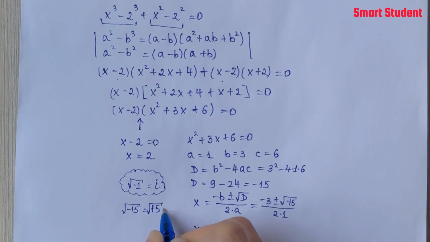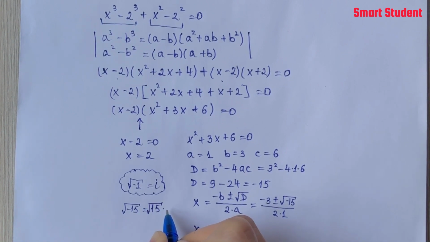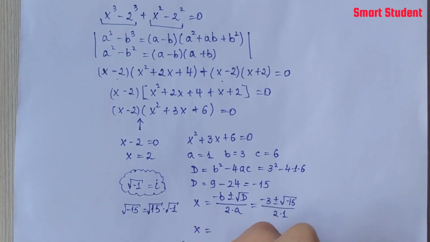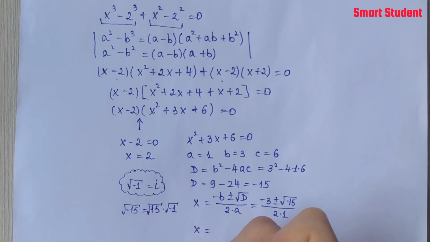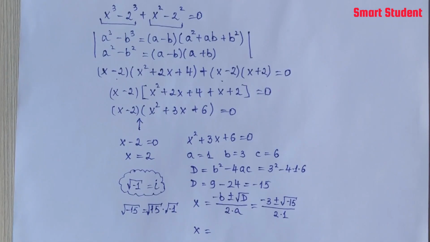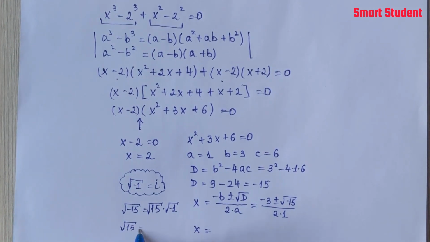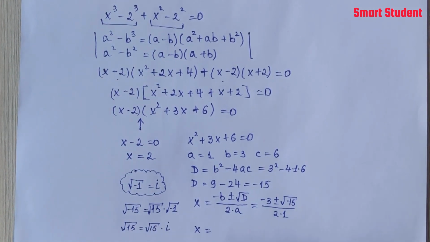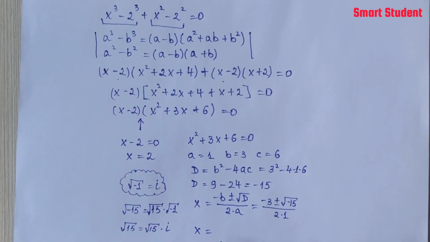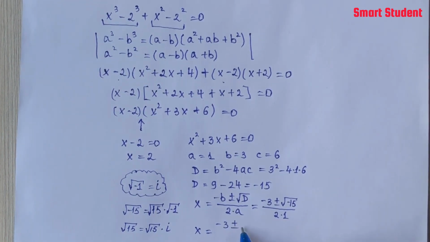I separate it into two roots, so it's the square root of 15 times the square root of minus 1. But we have just seen that by definition, the square root of minus 1 is equal to i. So I can write it like this: the square root of 15 times i. And that's minus 3 plus or minus the square root of 15 times i over 2. So from here we can have two possible values.